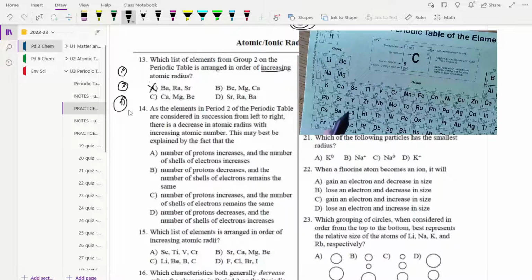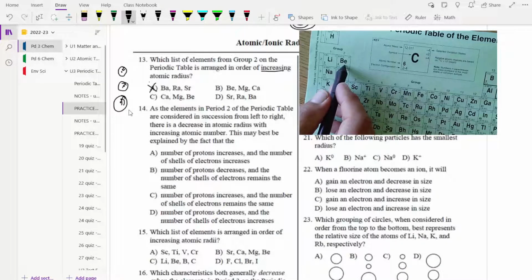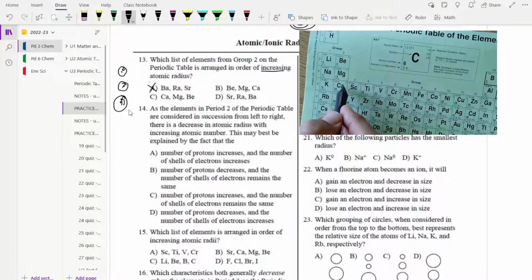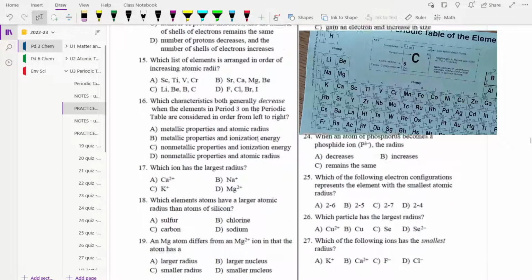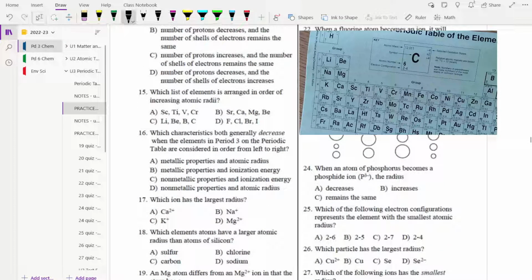So the beryllium, magnesium, calcium sequence right there is the one you want to look for, because it shows that there's increasing atomic radius as you go down a group. Okay? You can simply use your notes, but I also want to give the explanation. Okay, number 15, which element is arranged in order of increasing atomic radii?